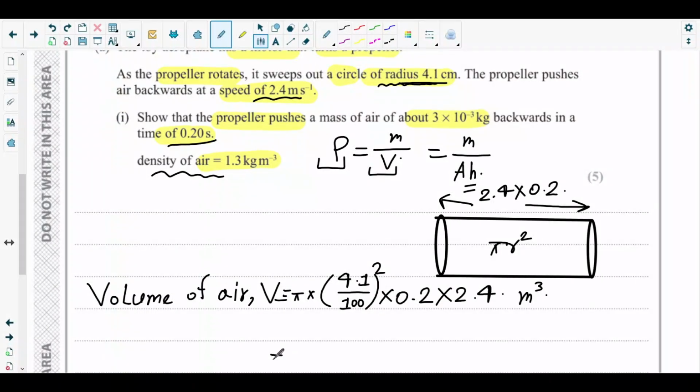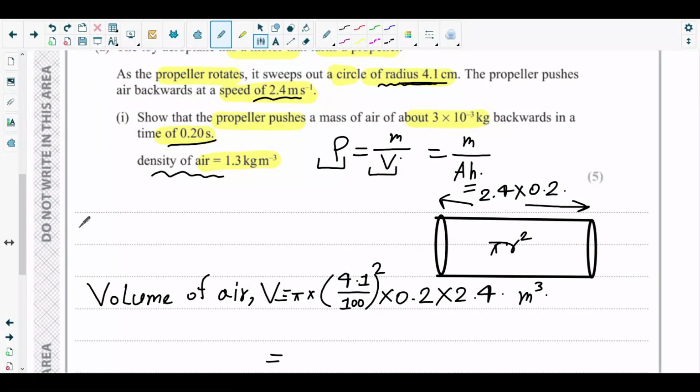So let's figure out the volume using the calculator. 4.1 over 100 whole squared times 0.2 times 2.4. I forgot to multiply by pi, so 3.1416 multiplied.